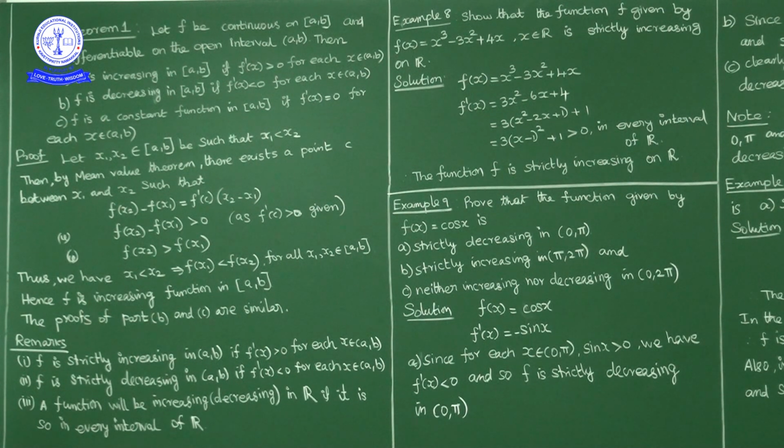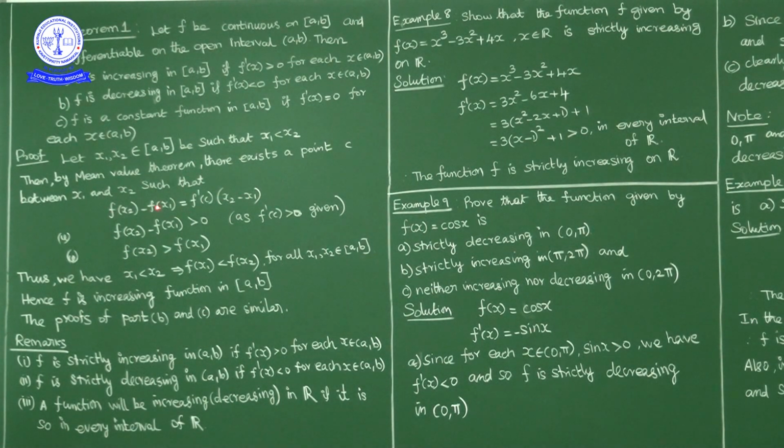Okay. So if we cross multiply by x2 minus x1, what we get is f of x2 minus f of x1 equal to f dash of C into x2 minus x1. We considered x1 less than x2, meaning x1 is smaller than x2, then x2 minus x1 is positive, no? So this is positive, and f dash of C is positive, that is given. Positive into positive is positive, so the right hand side is positive.